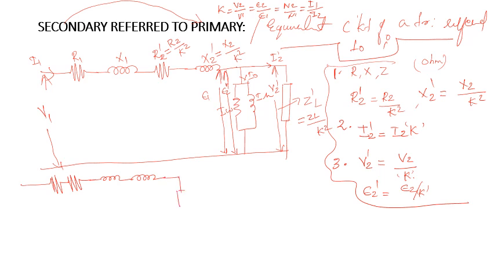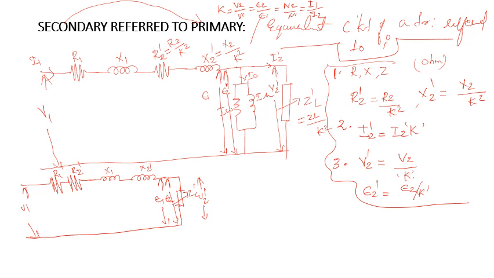So load impedance ZL will be here. This is nothing but R1 and R2 dash, X1 and X2 dash. And here V1, here load impedance ZL dash, E1, E2 and V2 dash will be here.